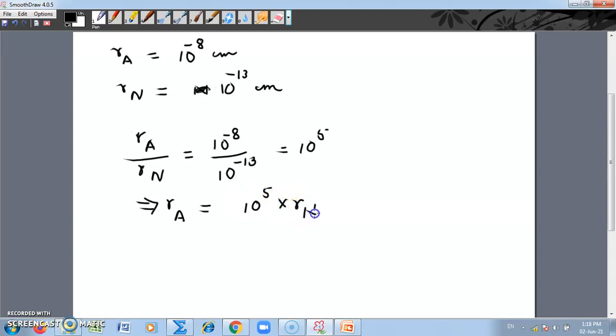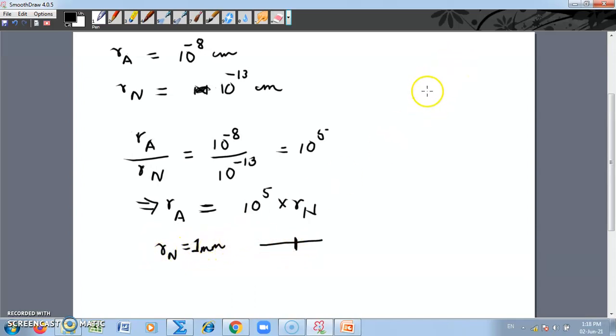So just see how big the atom is in comparison with the nucleus. 10 to the power 5 means, just imagine, if we take the radius of the nucleus to be, suppose, 1 millimeter, just to give an example so that you can visualize it. We know what's 1 millimeter. It is the smallest division of a meter scale. So it's something like this much. So suppose the radius of the nucleus is 1 millimeter.